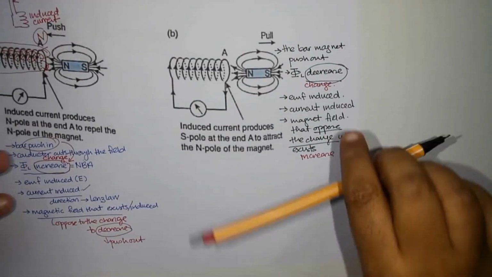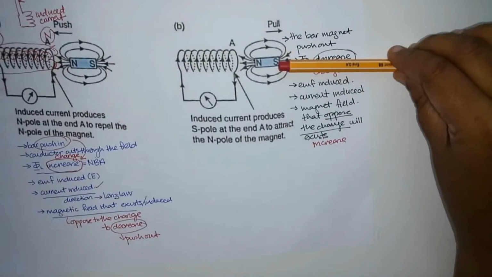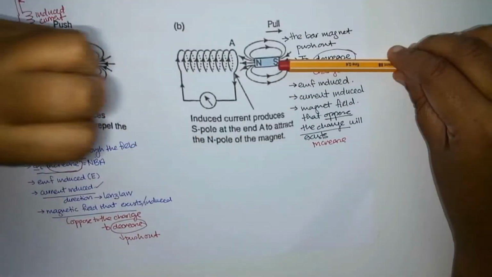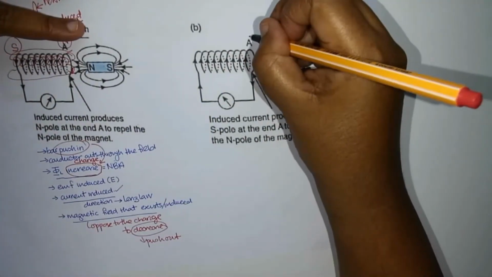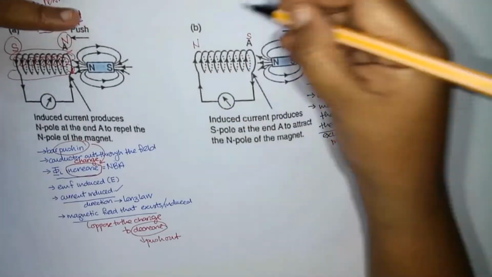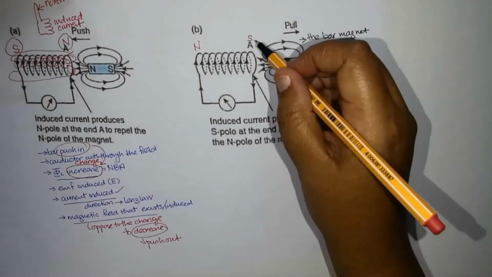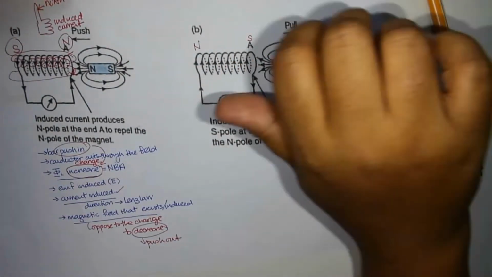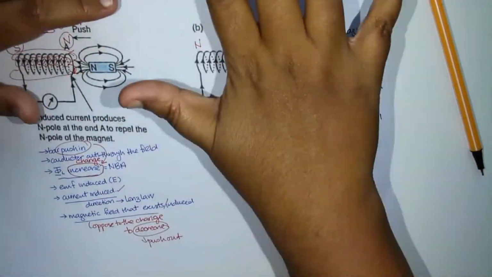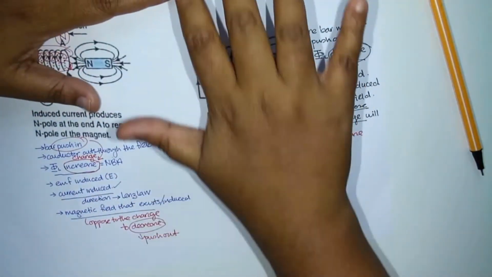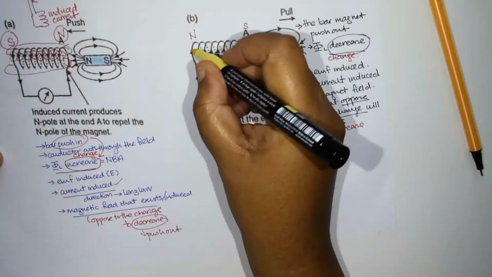The magnet is being pulled out, so it will try to attract. It's trying to pull it back in, so it will try to attract. In order to do that, the magnetic field will be such that this is south and this is north. Then you use the right hand rule. The thumb will point to the direction of the north, and the fingers will point to the direction of the current. So you will notice the current is in this direction, same as the book.